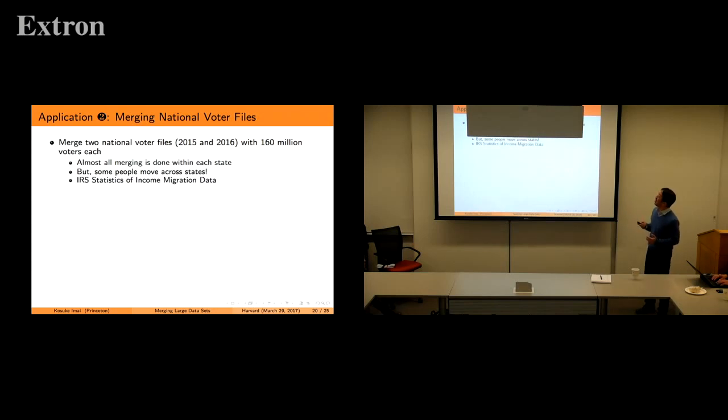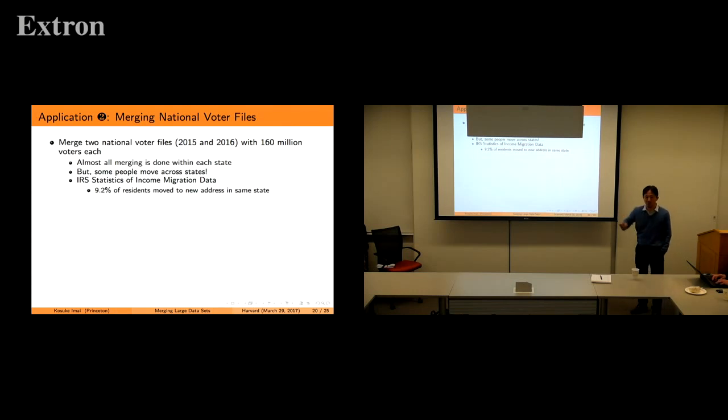But if you look at the IRS statistics of income migration data, which is a really nice data set that's available online, it tells you, based on tax filing, how many people move from one county to another. According to that, 9.2% of residents move to a new address in the same state.